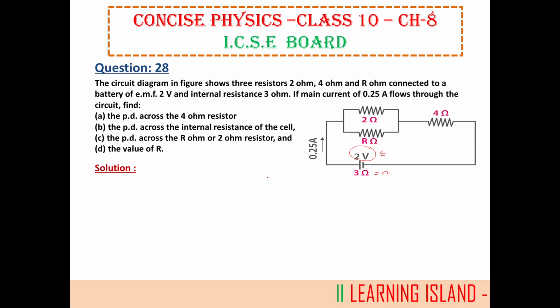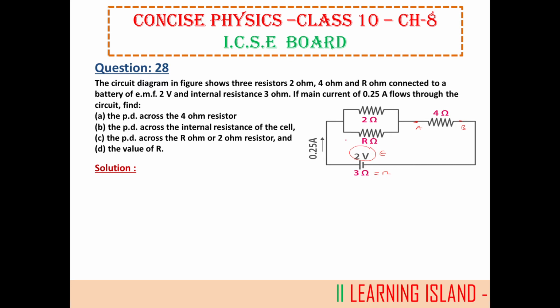The current is 0.25 ampere in the circuit. Now in A, the PD across the 4 ohm resistor, the potential difference across this. If it is points A and B, we have to find it out.